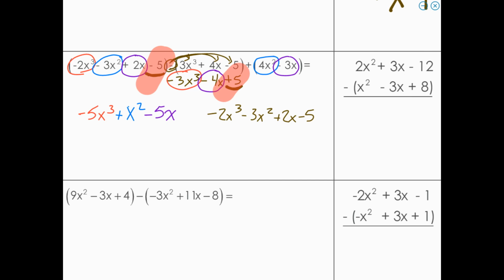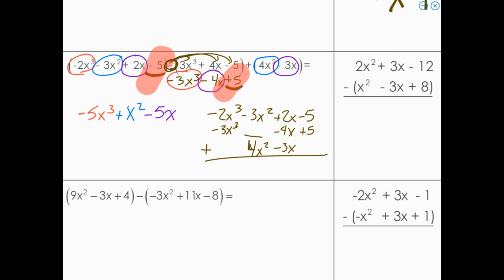When I rewrite this, I would go ahead and change my signs as I rewrite it. So it would be minus 3x cubed, sorry. I don't have an x squared term, so minus 4x, so I leave a blank, and plus 5. Then I don't have an x cubed, but I've got a 4x squared and a minus 3x.